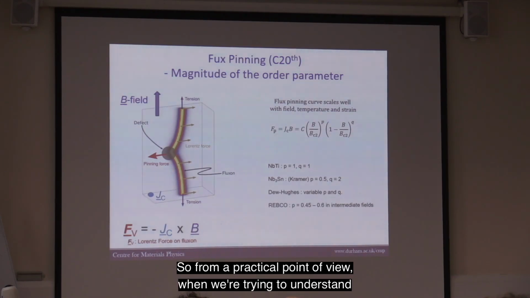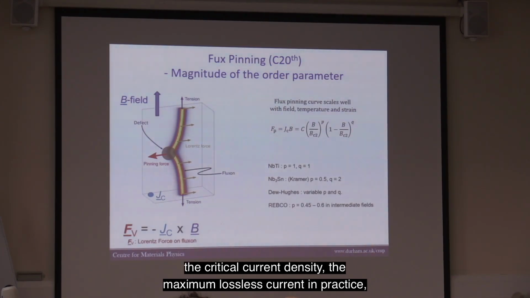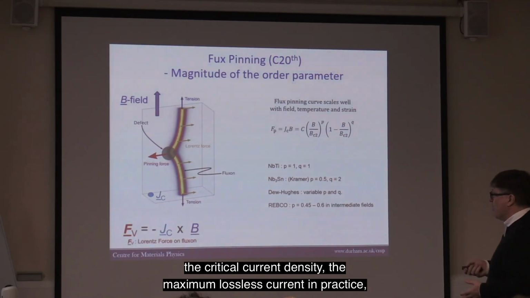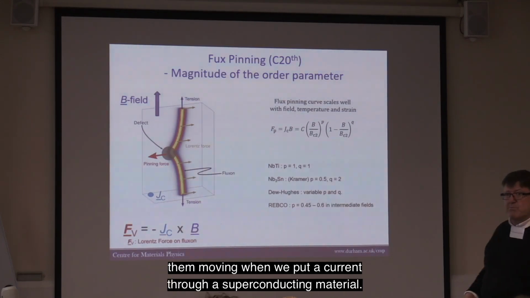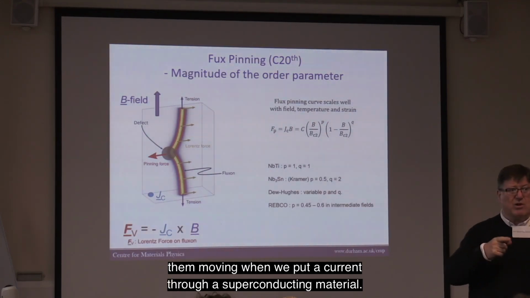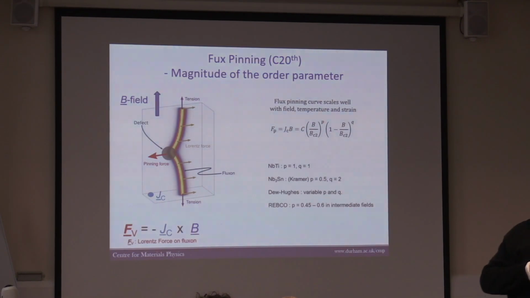So from a practical point of view, when we're trying to understand the critical current density, the maximum lossless current, in practice what that means is that we have to hold these fluxons and stop them moving when we put a current through a superconducting material.